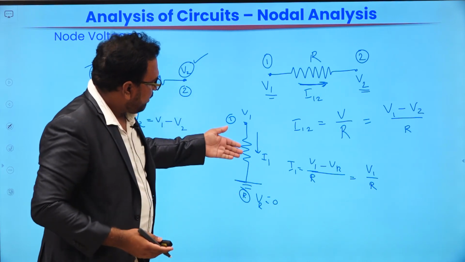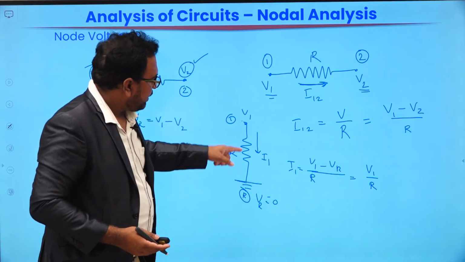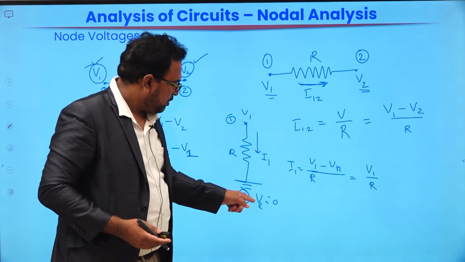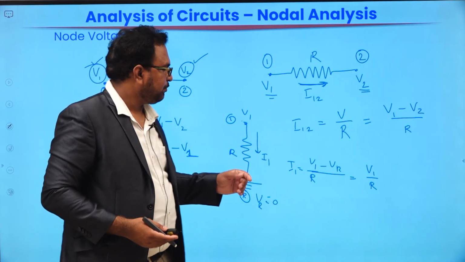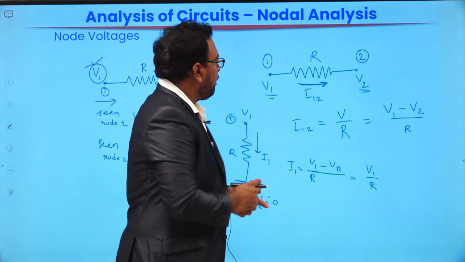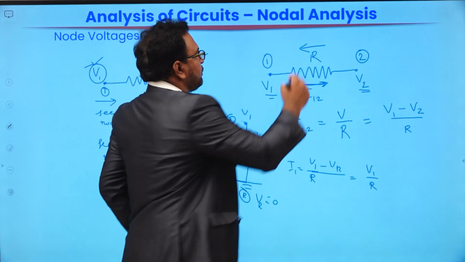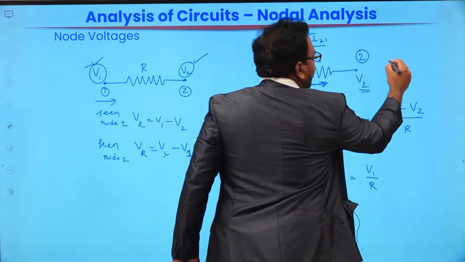So when an element is connected between one node and the reference node, the current through that element is V1 by R directly, because the second node is the ground node, and the ground voltage we always consider as 0. If the current direction is from node 2 to node 1, how will you calculate I21?